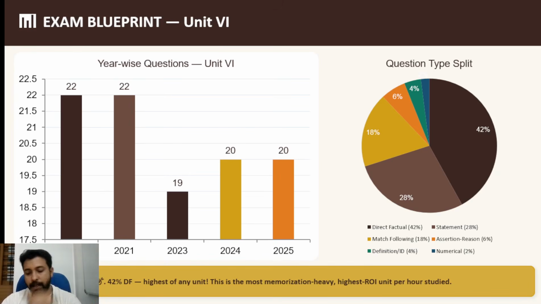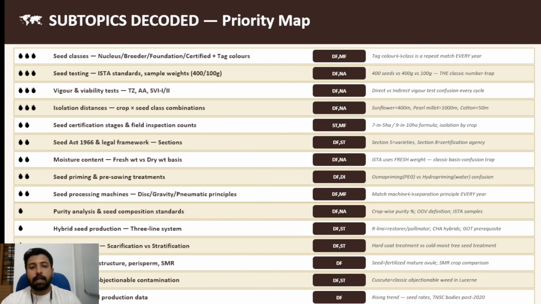Coming to the topic wise in-depth analysis, this should be the priority of your study when you touch unit 6 of seed science and technology. The first and most commonly asked area is the seed classes. This is a very easy area, and everyone knows it, because you need to study the tag color of every category of seeds, from nucleus seeds to all other category seeds.